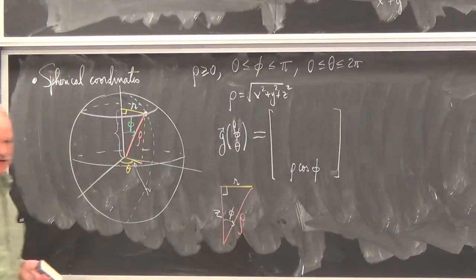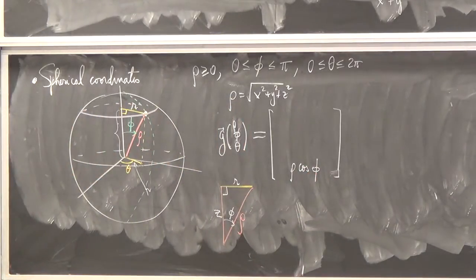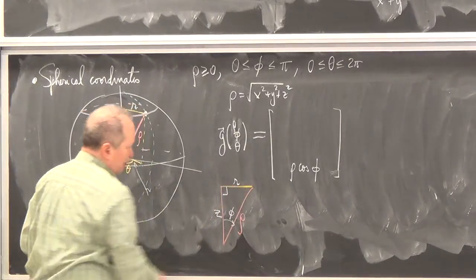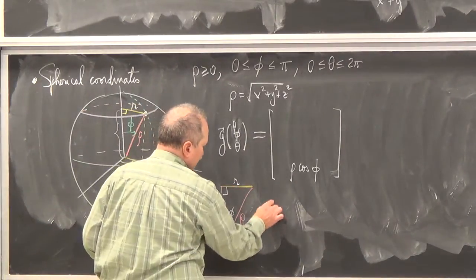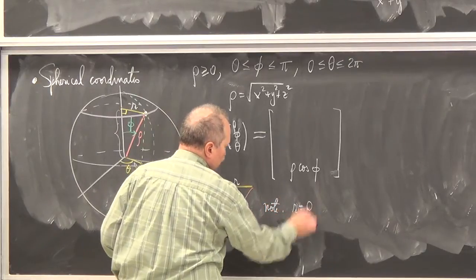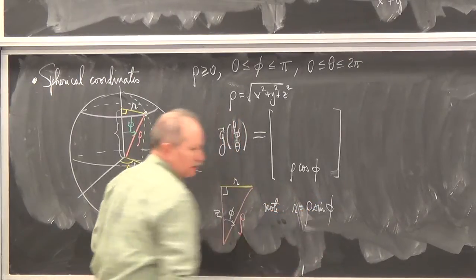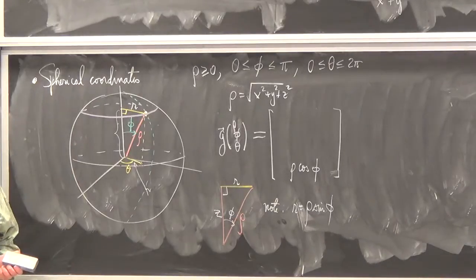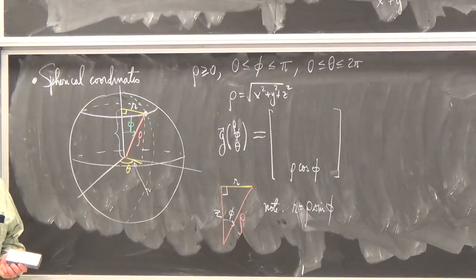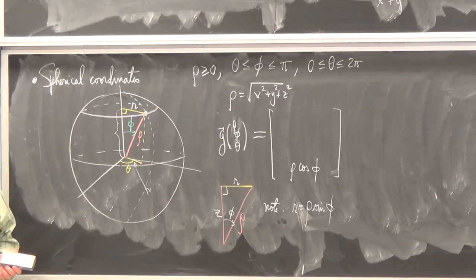Now, here's why I prefer these coordinates to the other ways of lettering them. What's r? R is rho sine phi. But then once you know what r is, you can do what we've been doing in polar. X is r cosine theta, and y is r sine theta.